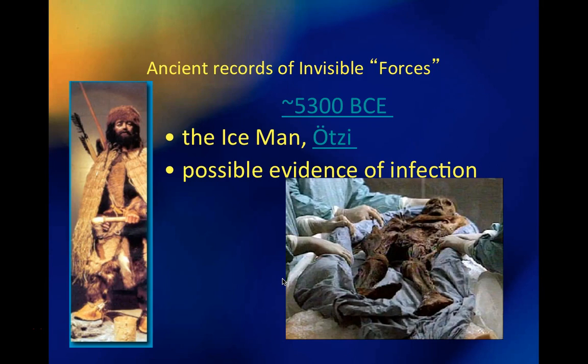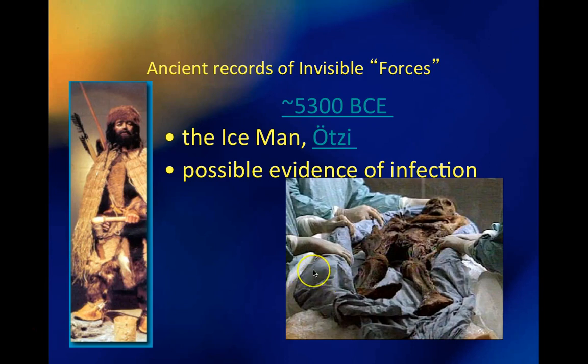There are definitely signs in this mummy of possible kinds and types of infection or parasites. And the actual mere existence of this mummy has given us an incredible amount of information just from one individual.